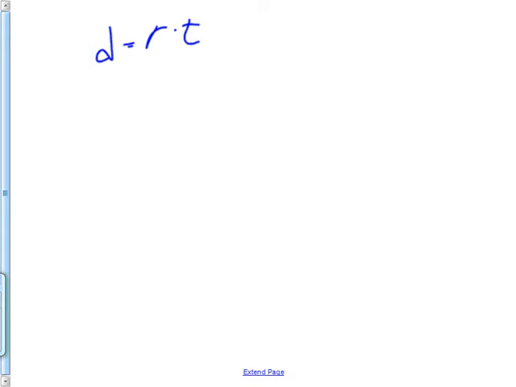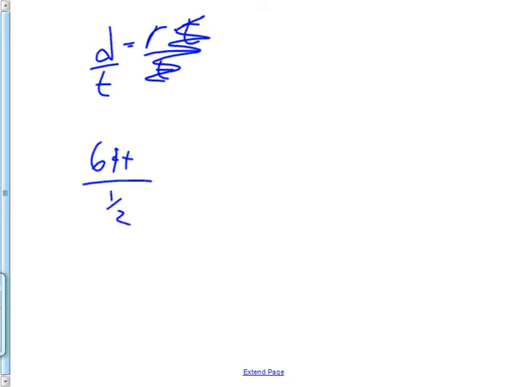And if we want the rate, we're taking distance divided by time, which was distance 6 feet divided by time. What was time again? Half a second. Flip and multiply, and all of a sudden you got 12 feet per second. You're an honors freak out. Figure out miles per hour, please. Use a calculator if you want.